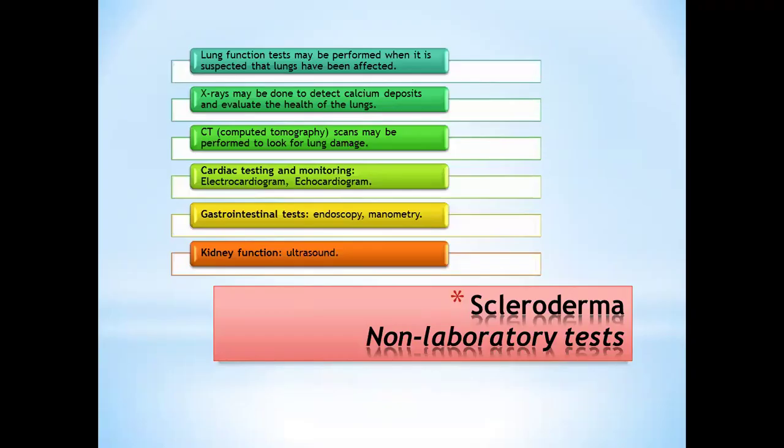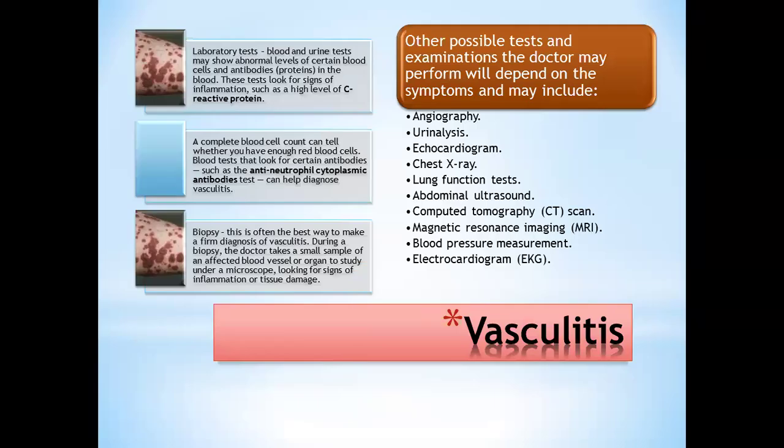When it is suspected that lungs have been affected, X-ray may be done to detect calcium deposits and evaluate the health of the lungs. Computed tomography scan may be performed to look for lung damage. Cardiac testing and monitoring: electrocardiogram and echocardiogram; gastrointestinal tests: endoscopy, manometry; and inspection of kidney function, ultrasound.